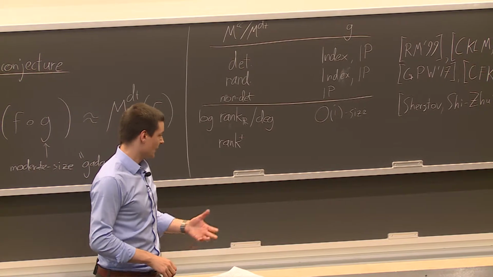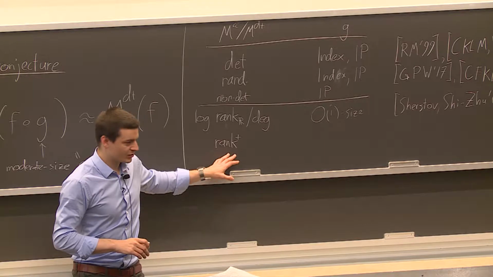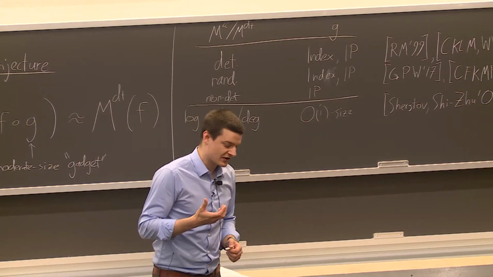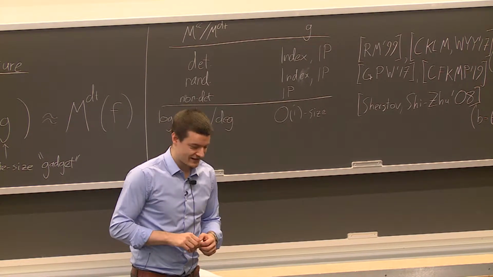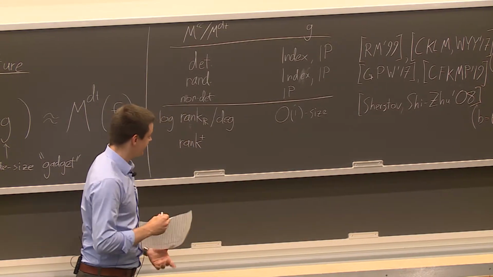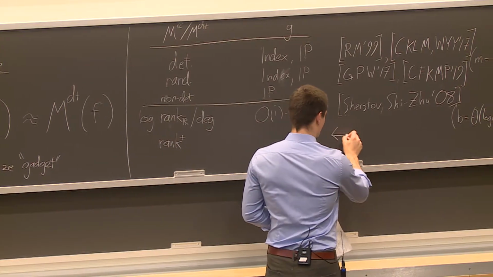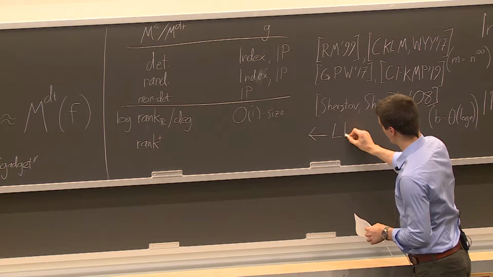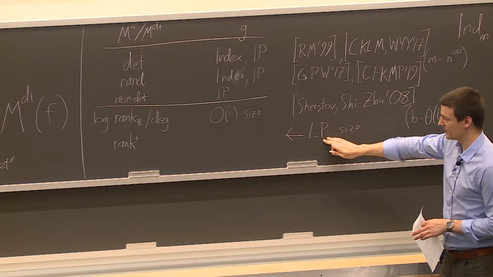This appears in several different contexts, but why it's important here is there are connections to understanding the sizes of linear programming formulations. This has been trending in the last, let's say, 7 years: through analyzing non-negative rank, you can actually show lower bounds on the size of linear programming formulations. And so this is pretty neat.